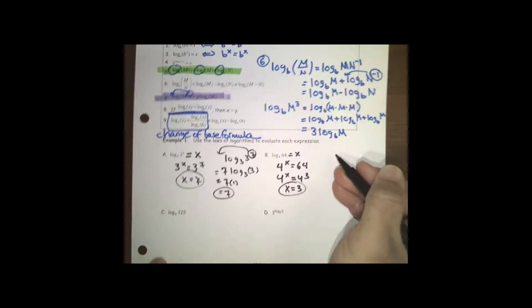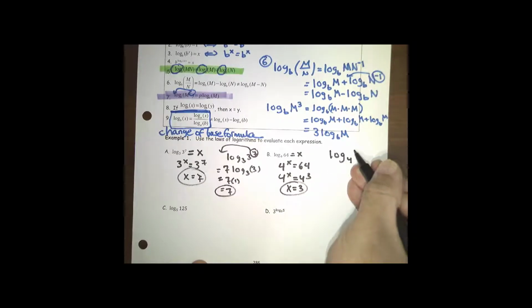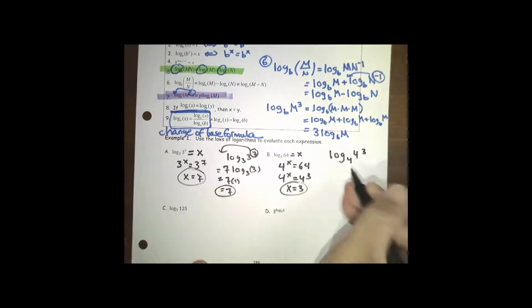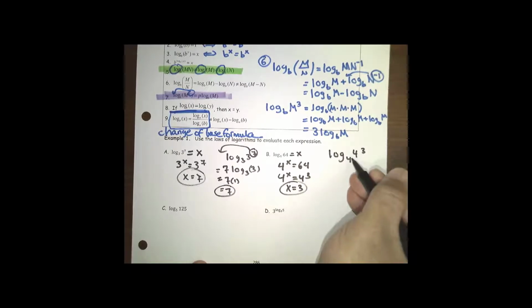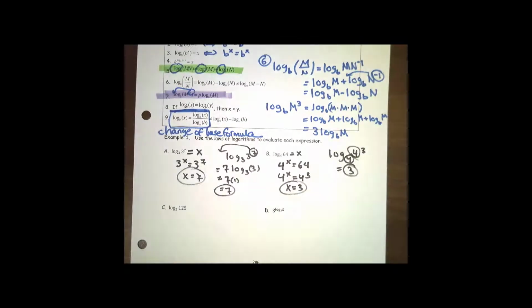But here, if I use the properties of logs, I could rewrite the 64 as 4 to the third power, and then I know right away that since this number here and this are the same, this is automatically equal to 3. All right, so these are the same types of problems, it's just that they are written in a different way.